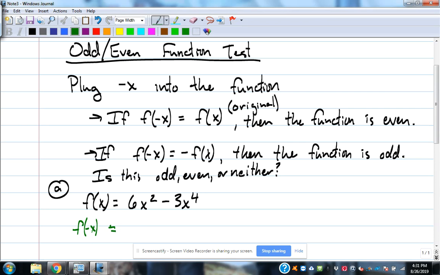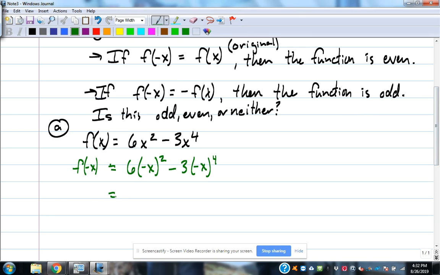If I plug in negative x, negative x times negative x would give me positive x squared. So this is 6x squared. This comes back the same.